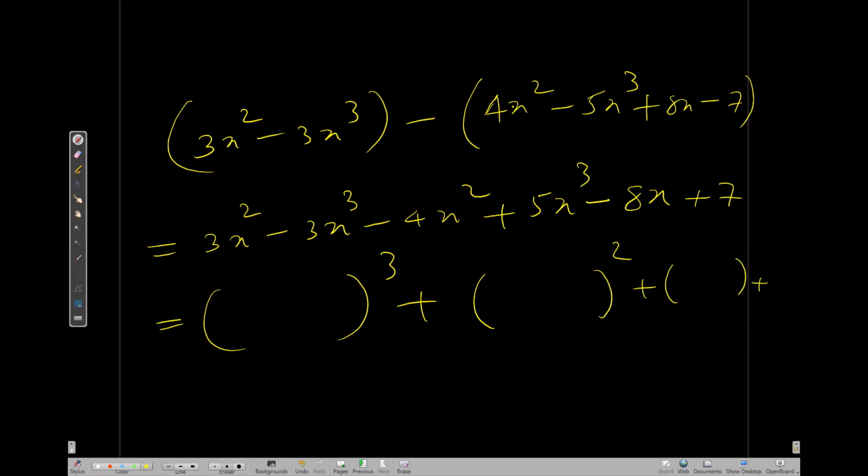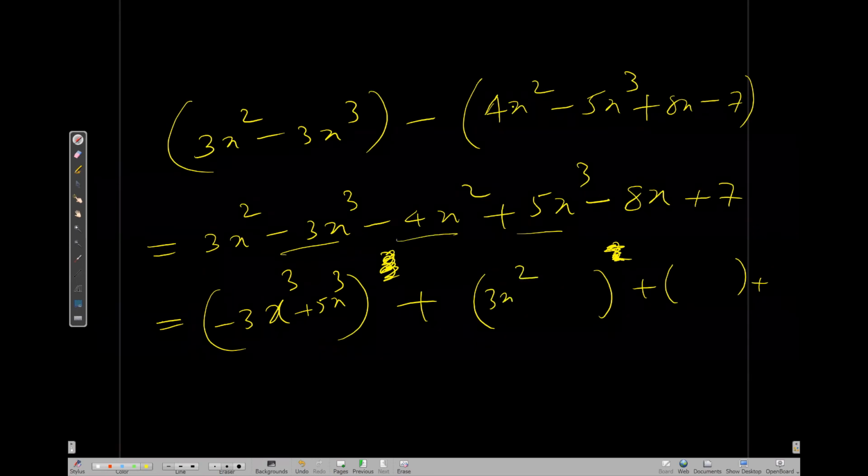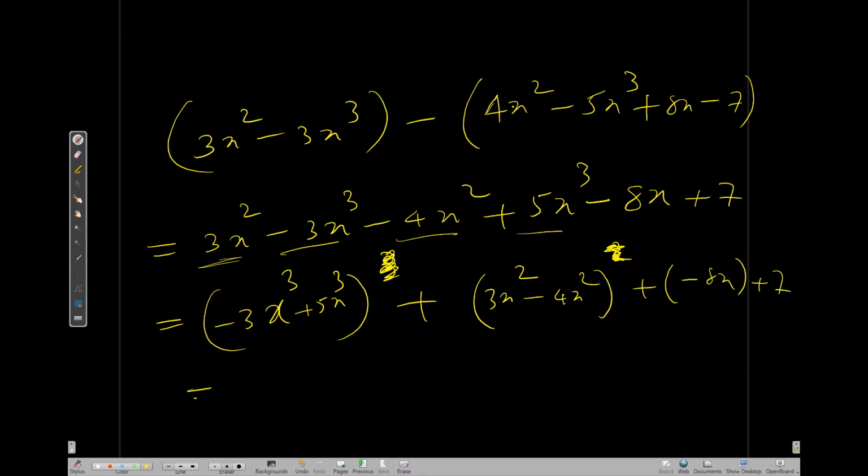So let's see, third power, negative 3x cubed, and here 5x cubed, and then second powers 3x squared minus 4x squared, and then first power just minus 8x plus 7. And here 2x cubed minus x squared minus 8x plus 7.